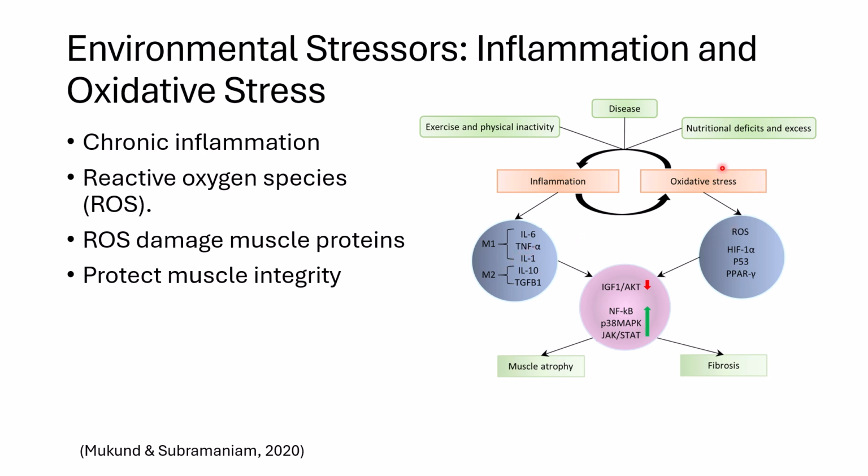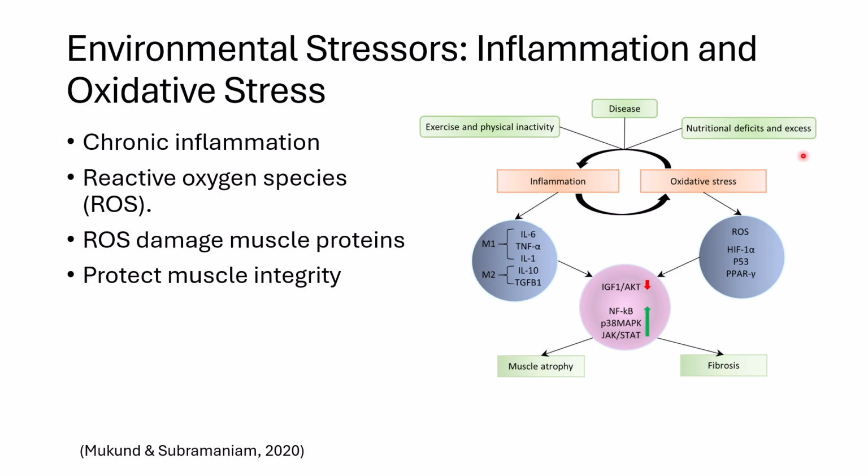Similarly, oxidative stress occurs when harmful molecules called reactive oxygen species, or ROS, accumulate in muscle cells. These molecules damage proteins and DNA, leading to muscle dysfunction. Fortunately, antioxidants, either from diet or the body's own defense mechanisms, help counteract this damage.